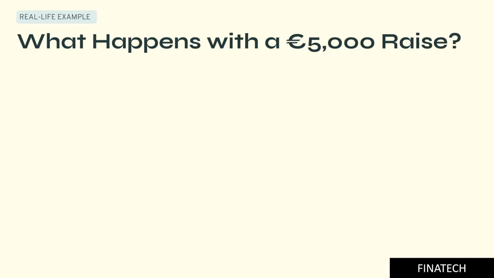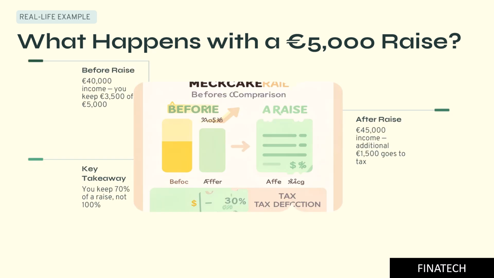Let's continue our real life example. What happens with a 5,000 euro raise? Before the raise, you get 40,000 in a year. So you keep 3,500 of your 5,000.